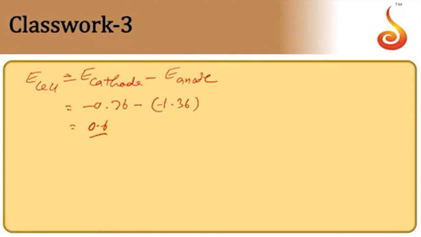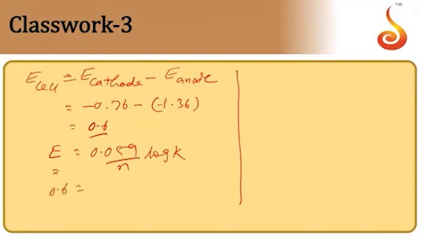They are asking us the equilibrium constant. Now E is equal to 0.059 by n into log K. The value of E which we found is 0.6, equal to 0.059 by the number of electrons transferred, which is 2 from the reaction given to us, into log K. If we approximate this as 0.06, we get 0.03 here.